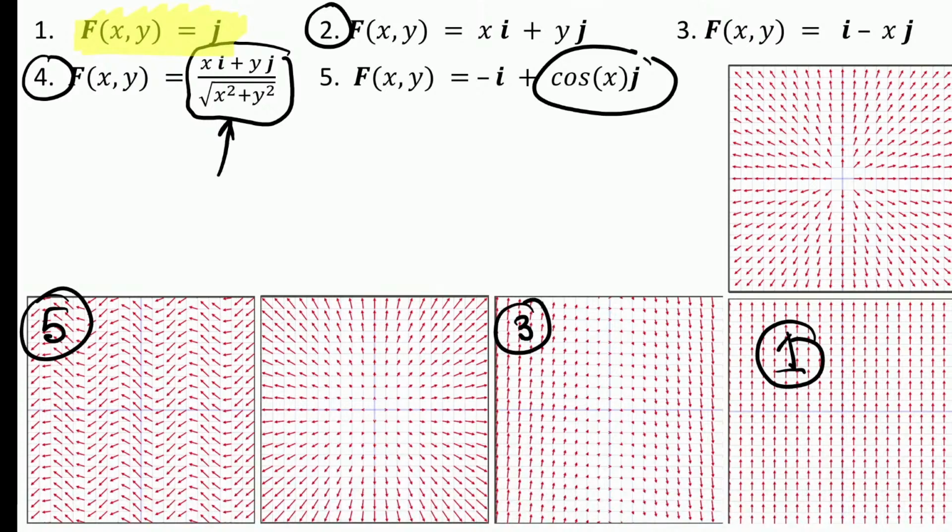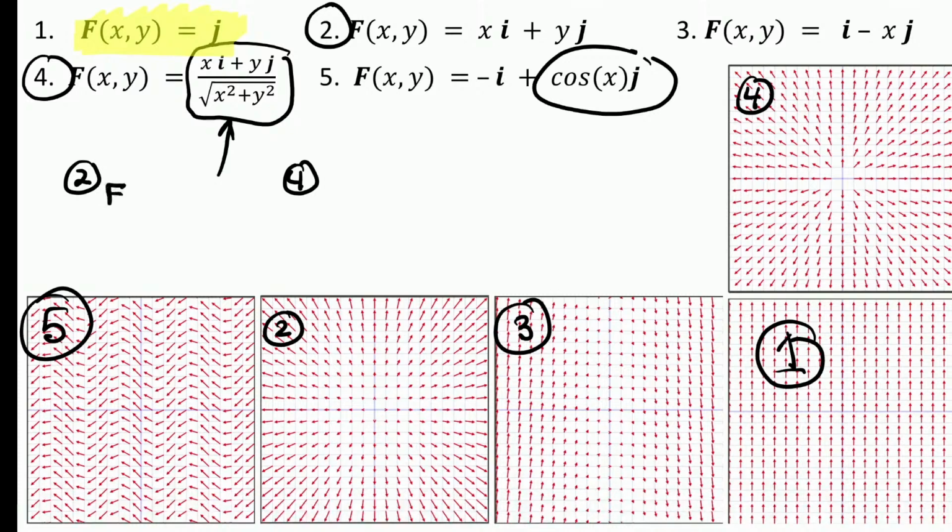So the correct answers are, this is number 4 because all the vectors are the same length. This one is number 2 because the smaller x and y are, the smaller the vectors. So you could even compare these for number 2 and number 4.